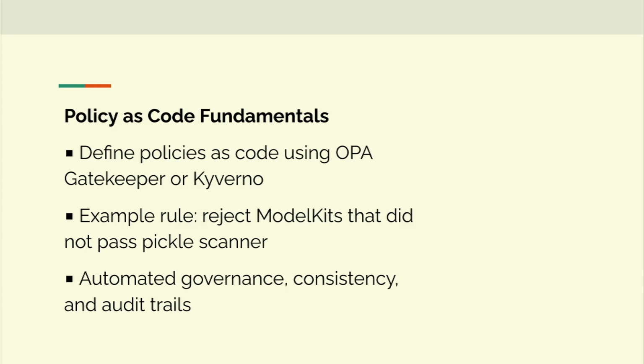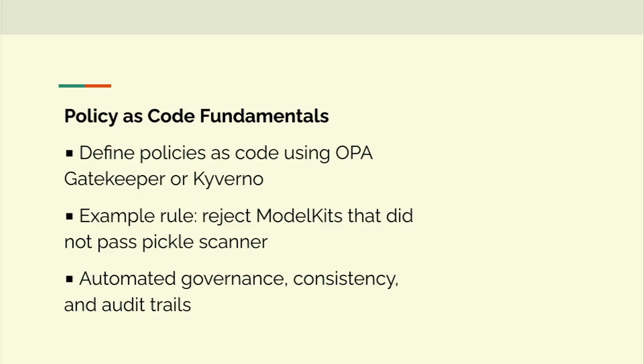For example, you define a system that doesn't let an image get deployed inside of Kubernetes in case your ModelScan does not pass. So in case your model is not secure, don't let that get deployed in production.